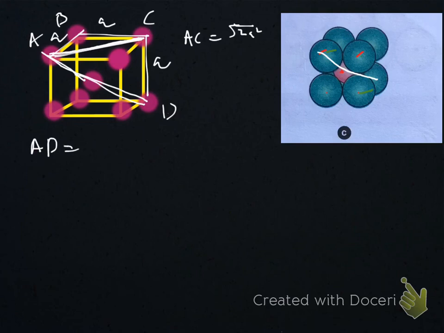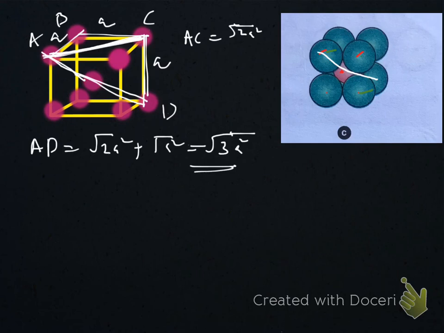AD equal to root of AC square plus CD square, root 2a square plus a square, you will get root 3a square. So AD is root 3 into a.